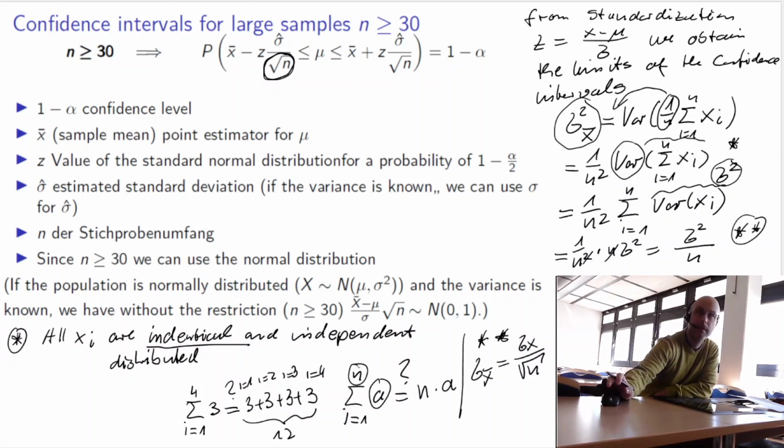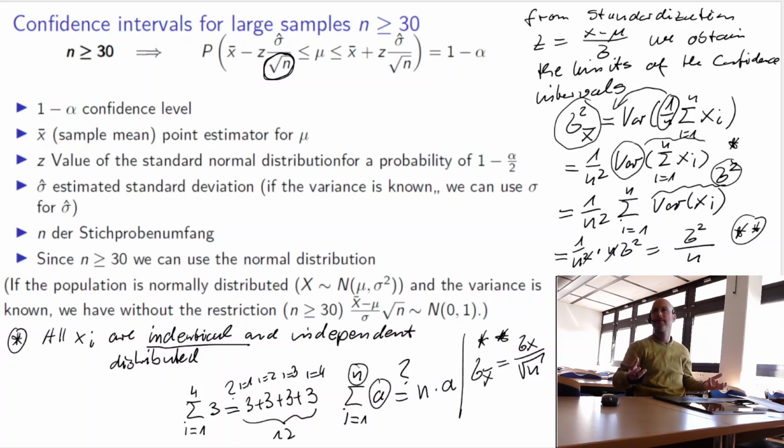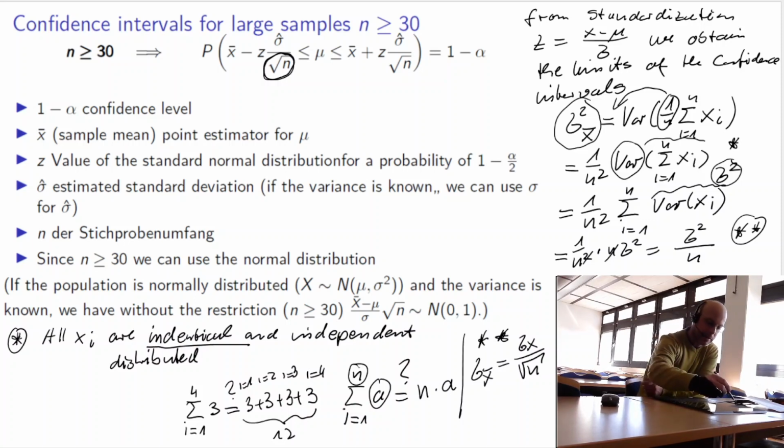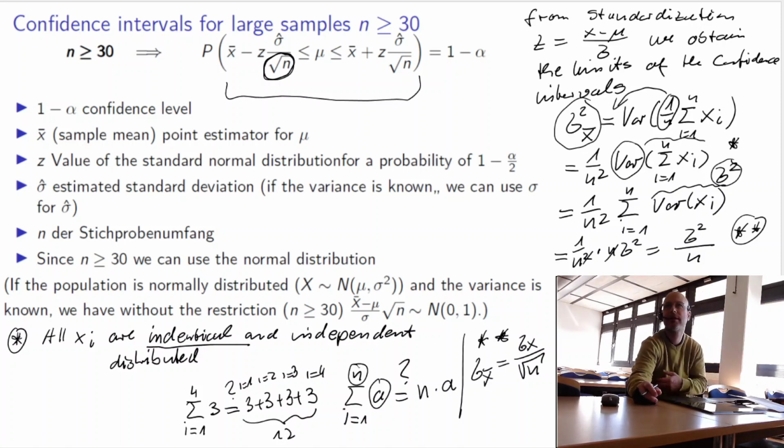Hopefully you have seen this already in your introductory courses, because this is more or less the central result why it is a good idea to draw a larger random sample: our confidence interval becomes smaller and smaller the larger we take our sample.